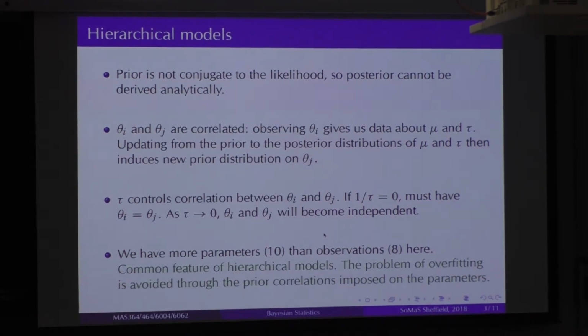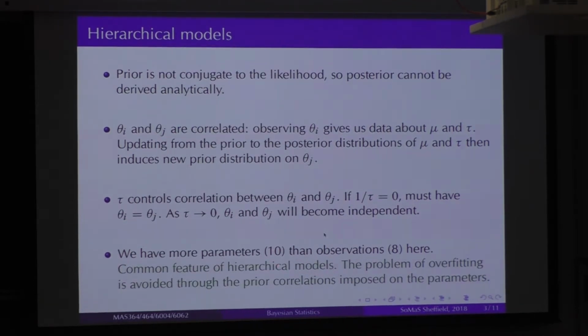If that precision is very small, then they are almost independent, right? And that's why we usually do not fix that parameter, because we don't really know how correlated these parameters are. In other words, if we want the data to tell us how closely related these effects are, we need to use a prior on that parameter. Okay?